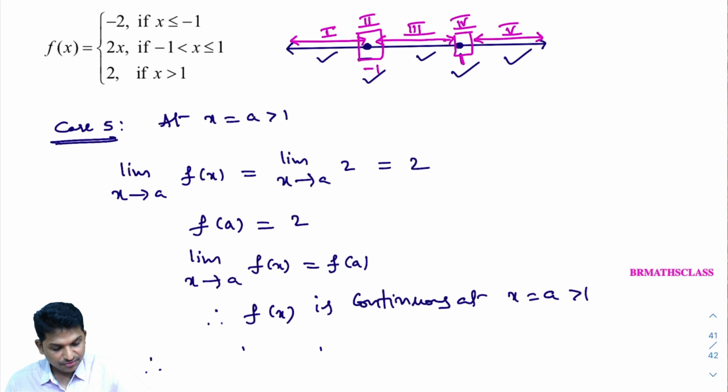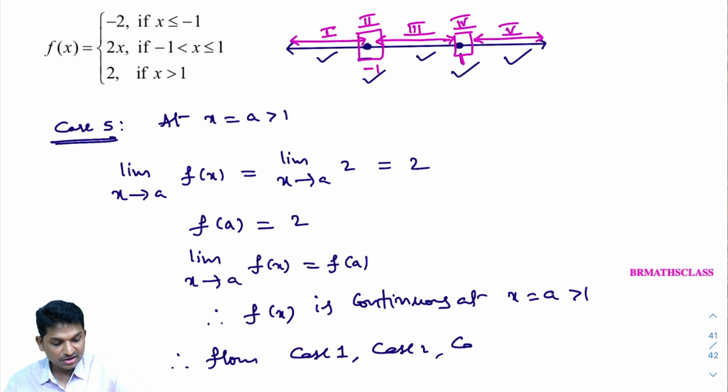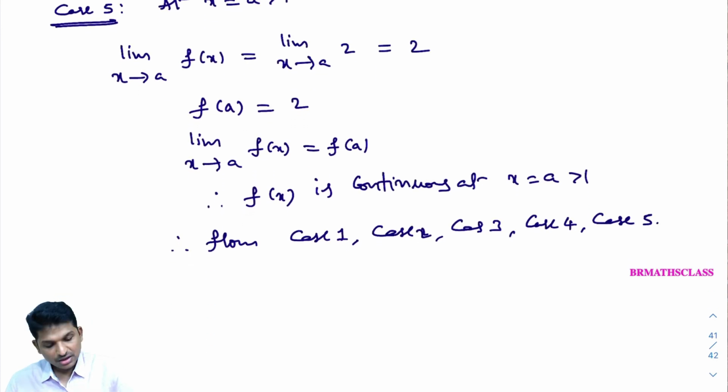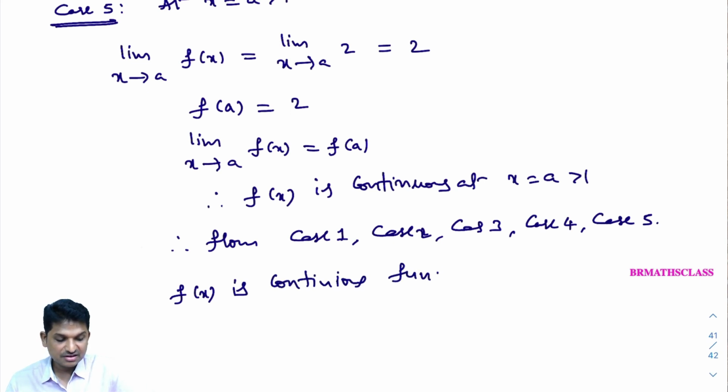Therefore from case 1, case 2, case 3, case 4, case 5, from all these 5 cases, f of x is a continuous function.